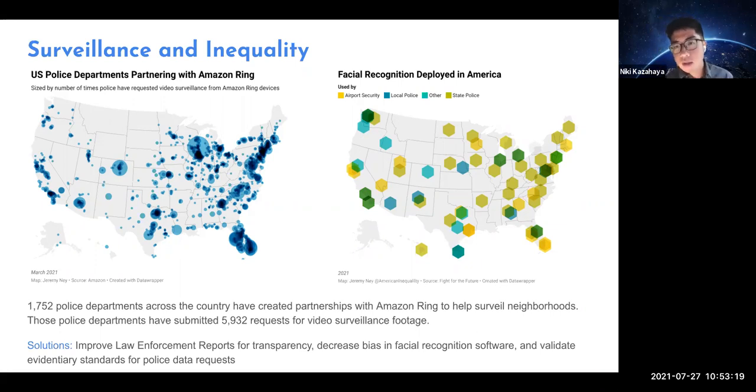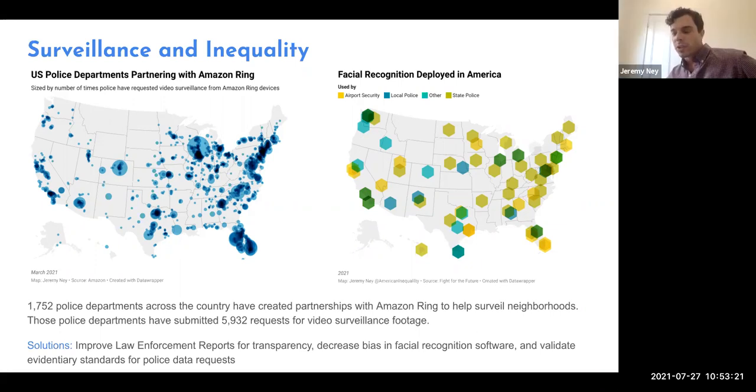Yeah, so I think the first partnership was established in 2018 in Wisconsin, and now there's over 1,700 that have emerged. If you look at the curve of it, it was very steep in late 2019, early 2020, and it started to taper off a little bit.